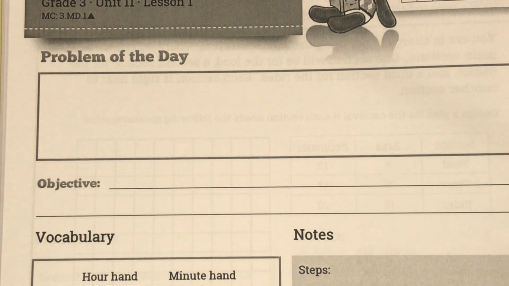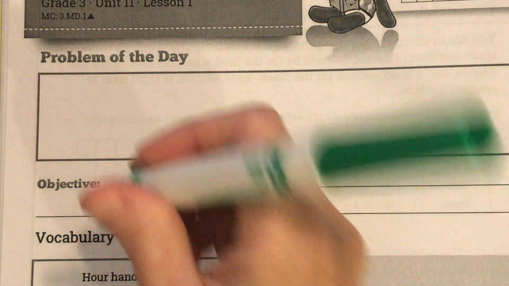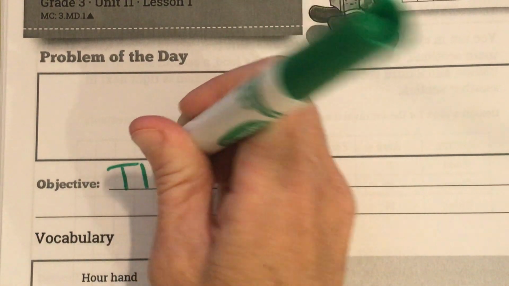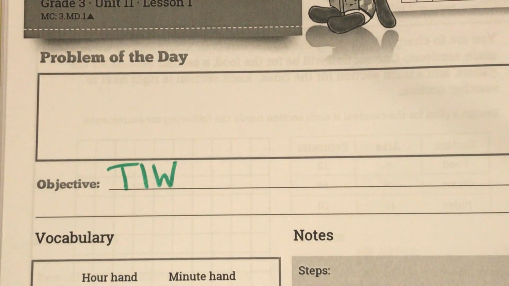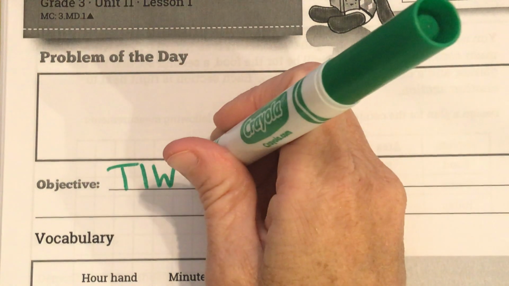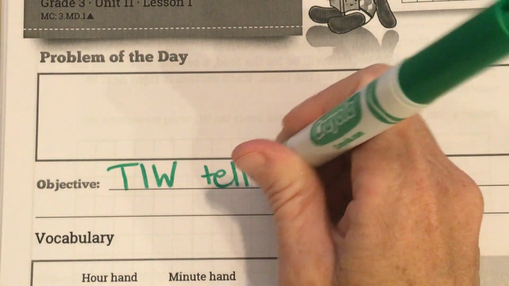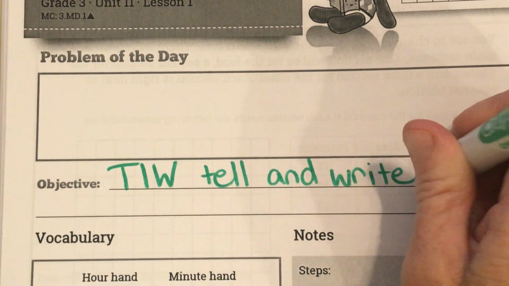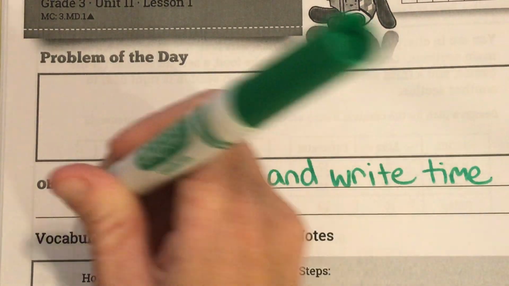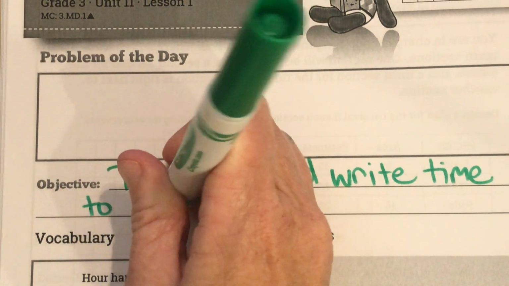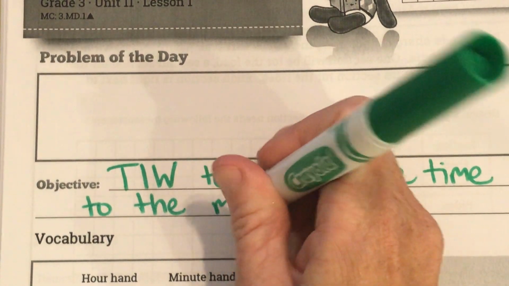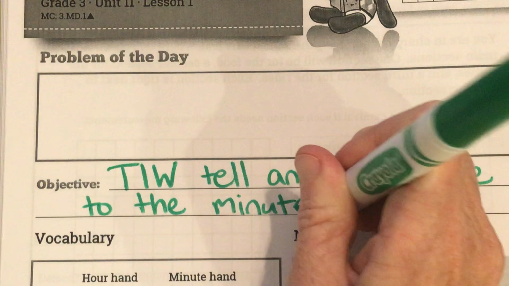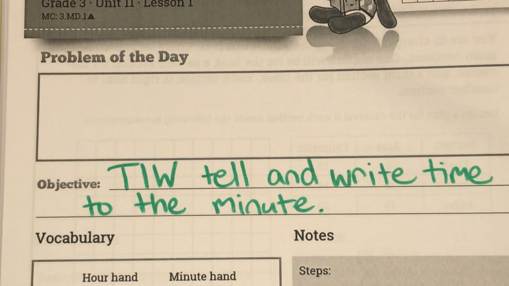Our objective or goal today is, today I will tell and write time to the minute. Okay, so today I will tell and write time to the minute.